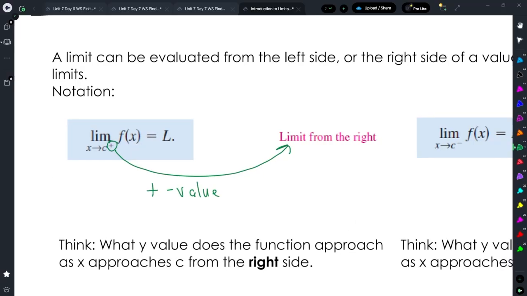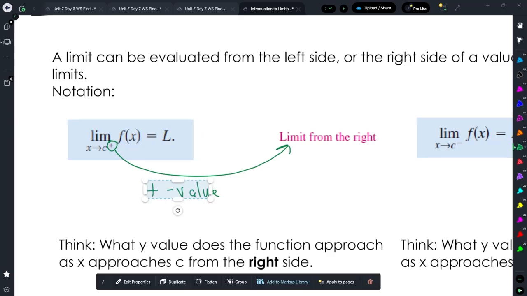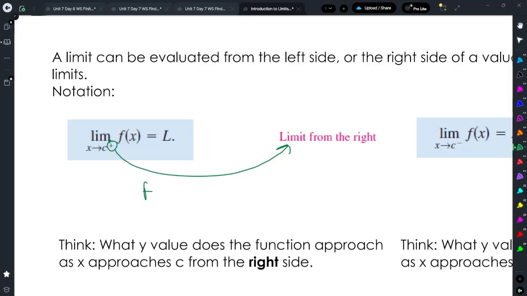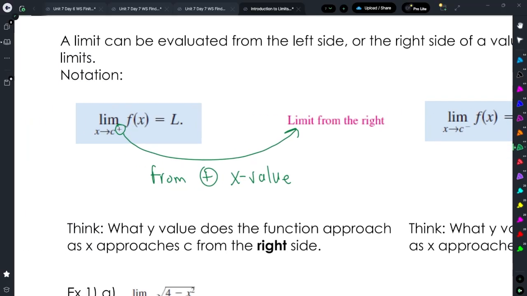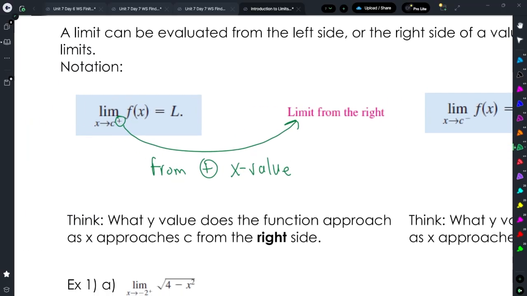So from positive x values. And then what we want to think of in words is what y value does a function approach as x approaches c from that right side.